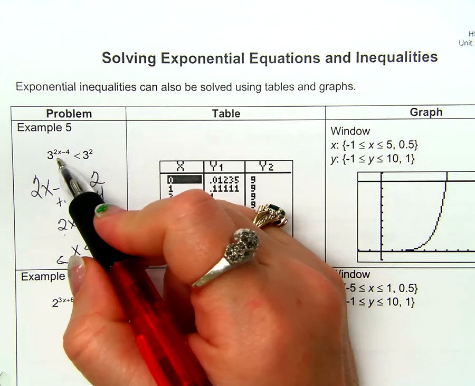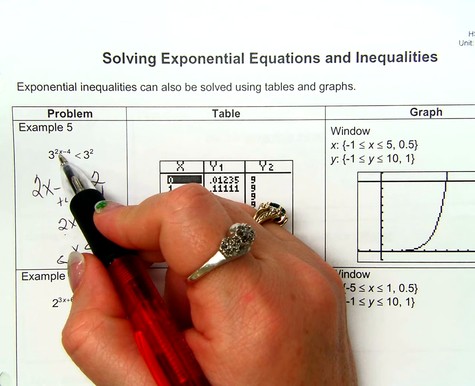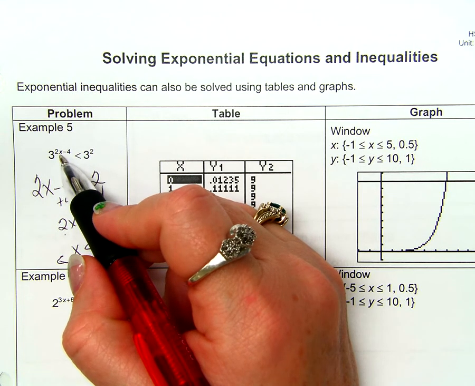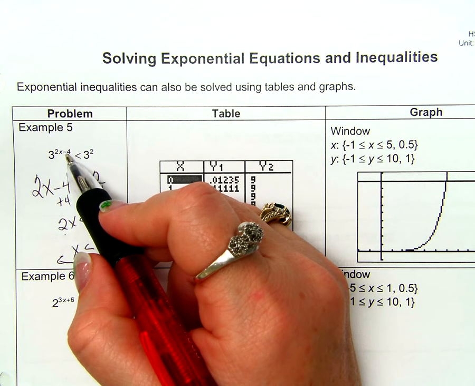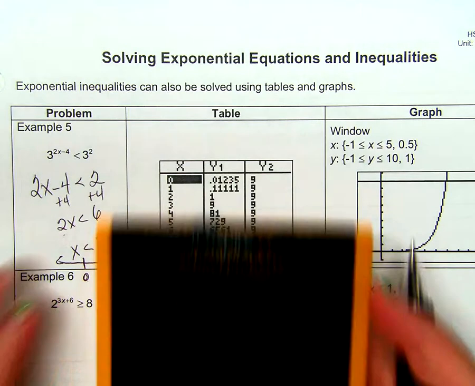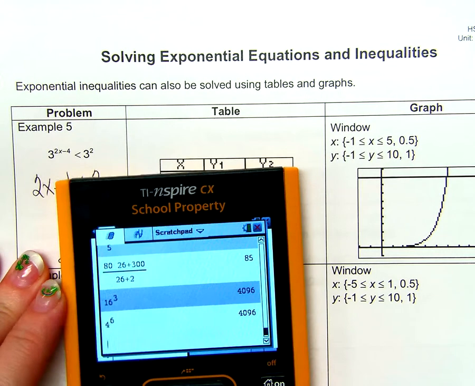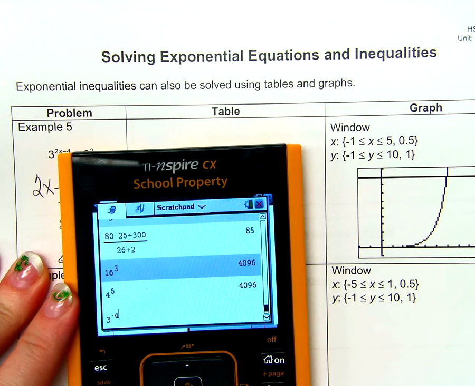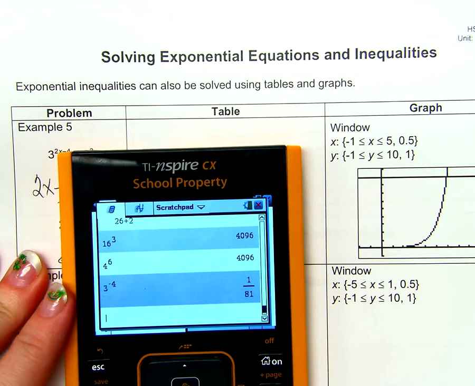If I put in a 0 up at the original equation, what's 2 times 0? 0 minus 4, negative 4. So what's 3 to the negative 4 power? We can even let our calculator do that for us, right? 3 raised to the negative 4 power. 1 over 81.